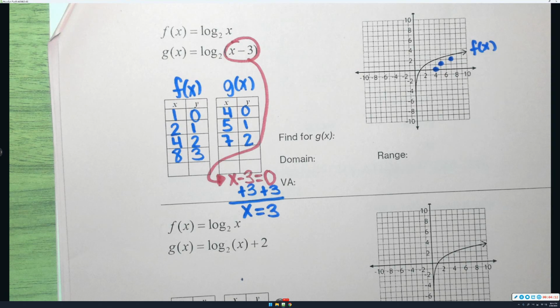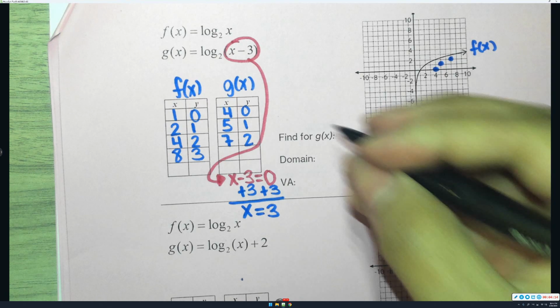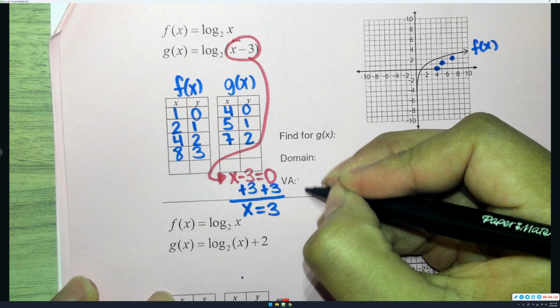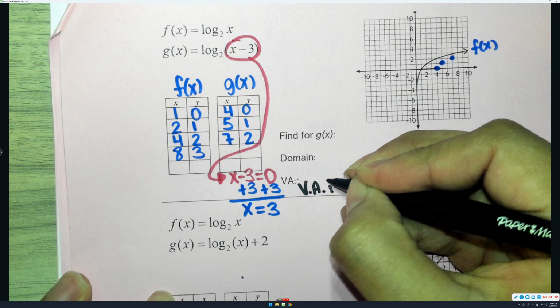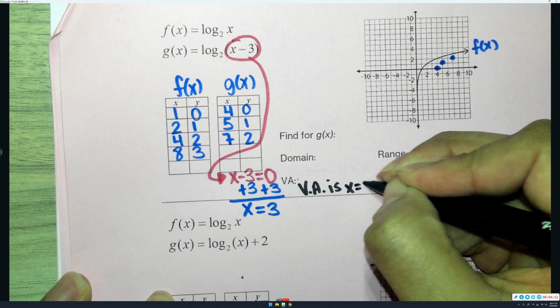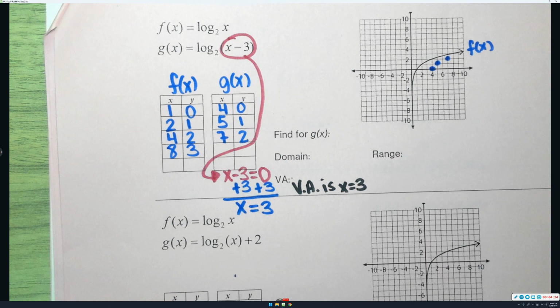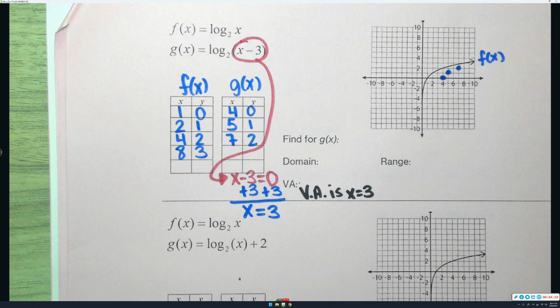So on the right-hand side, using a different color code, we're going to indicate that VA, for shorthand notation of vertical asymptote, is x equals 3. Okay? Now, bless you, we're going to sketch this vertical asymptote.